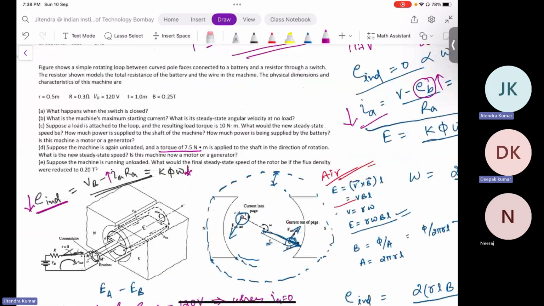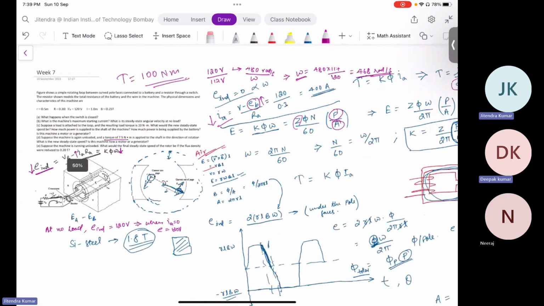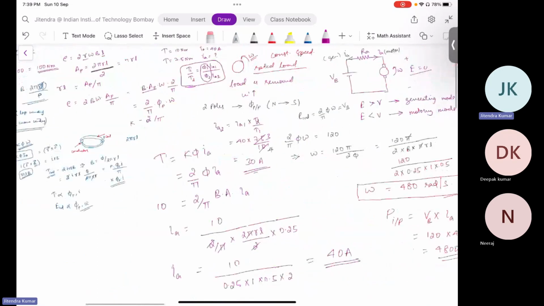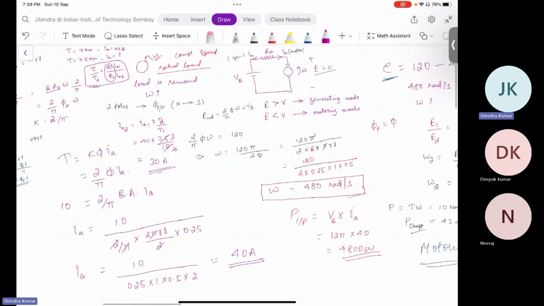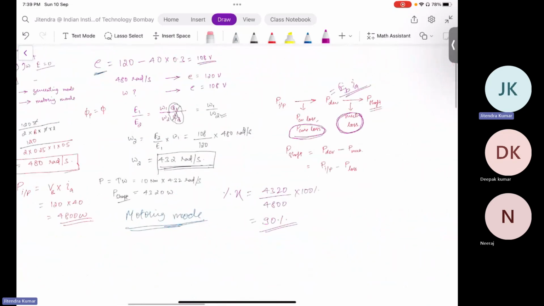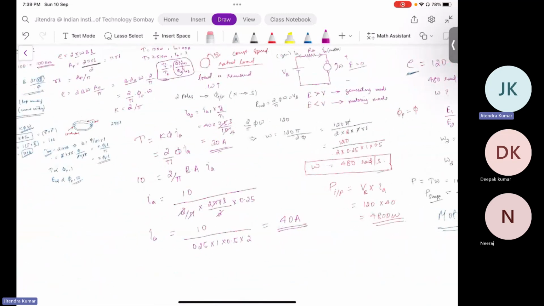Sir, it is extra current we are injecting to the supply from the supply. I wouldn't say that. Why? Because earlier it was 40 ampere, now 30 ampere. Why?